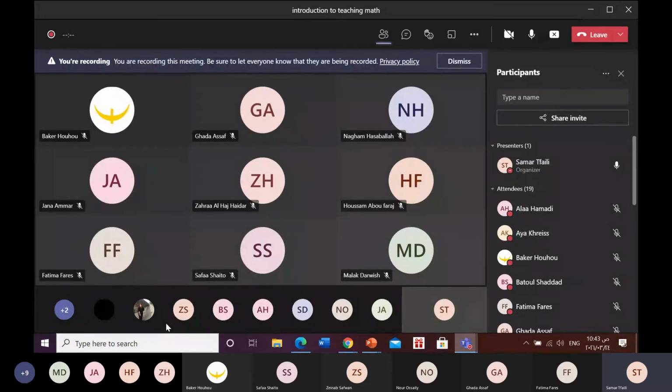Do you all agree with what Fatima said, that in the first classroom the students were free to choose their procedure and in the second one the teacher told them how to work? Do you all agree?